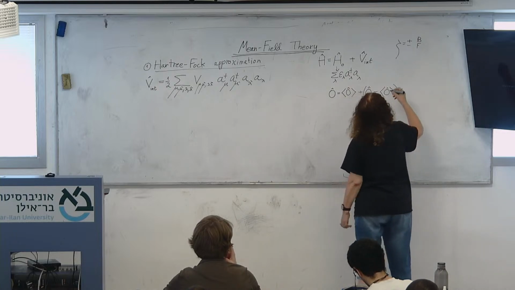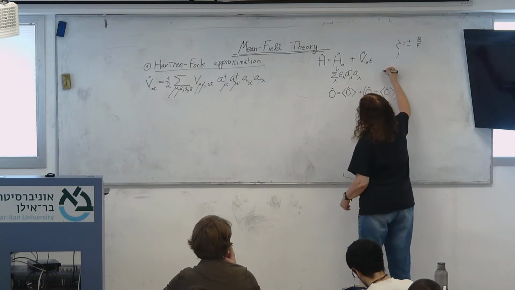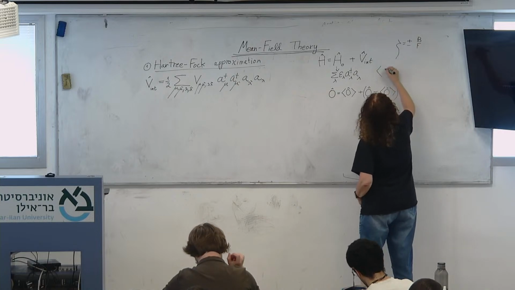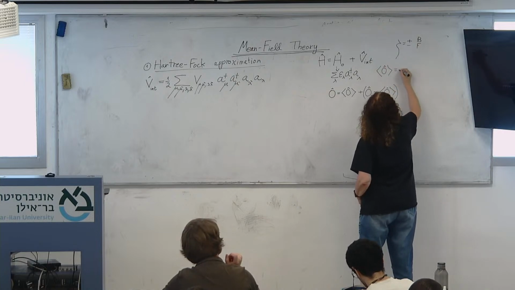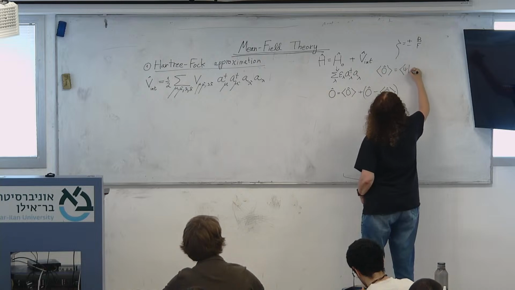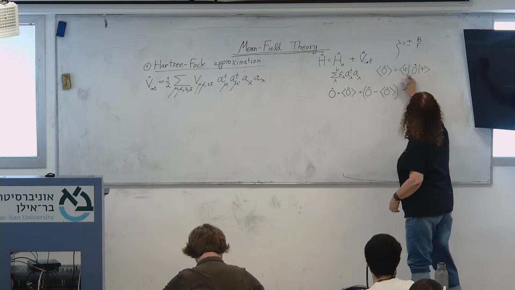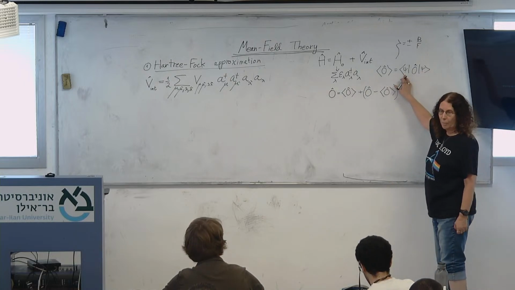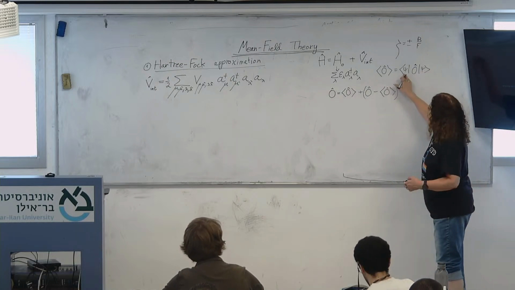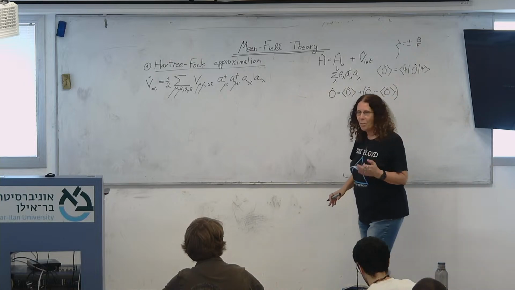So what is this? It's an expectation value in some state, right? Now, if I choose this state to be a ground state, I'm also assuming some bias on the ground state.